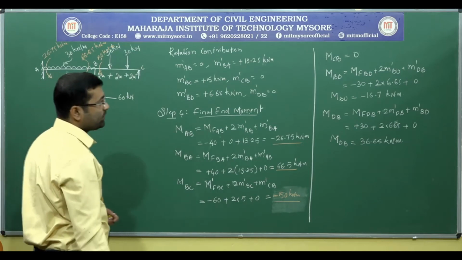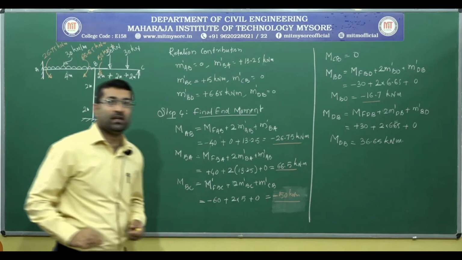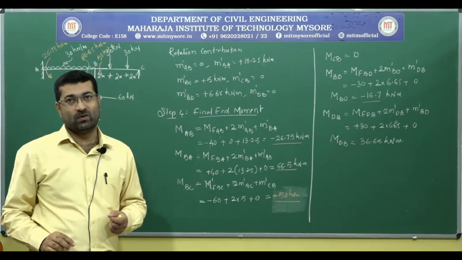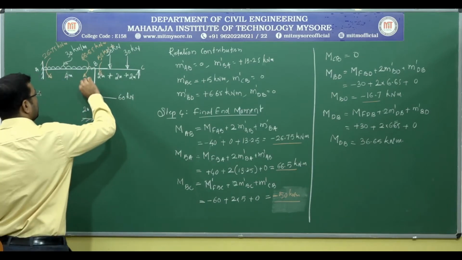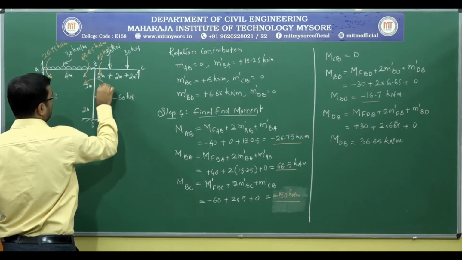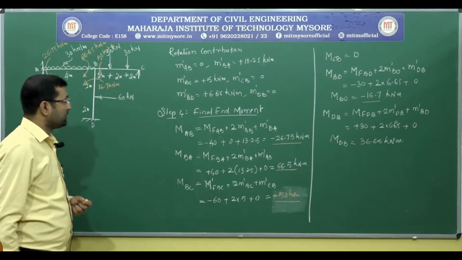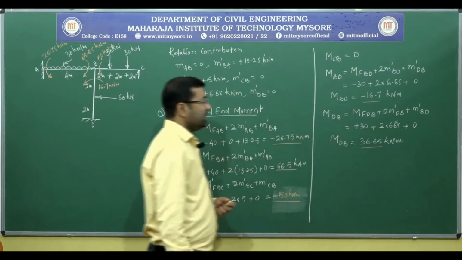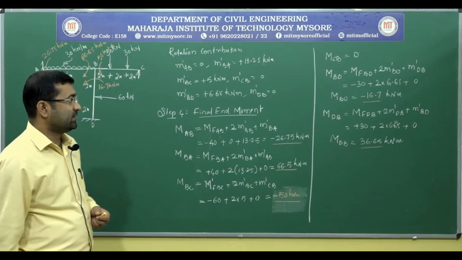MCB is 0. MBD, as per our calculations, is minus 16.7. Minus indicates an anticlockwise moment, so here I will draw an anticlockwise moment, and its magnitude is 16.7 kilonewton meter. Lastly, we have MDB, which is 36.65.